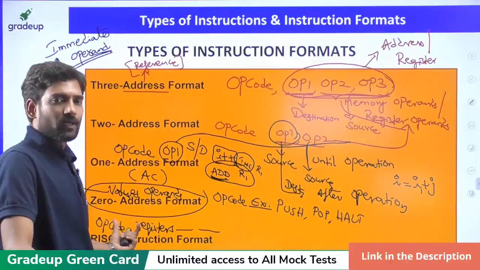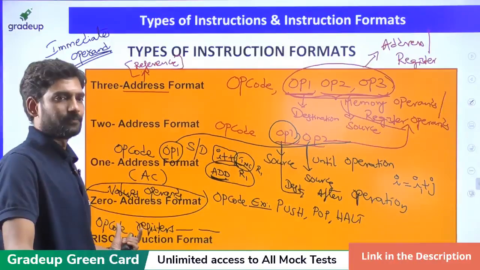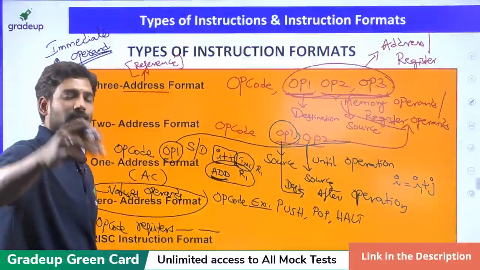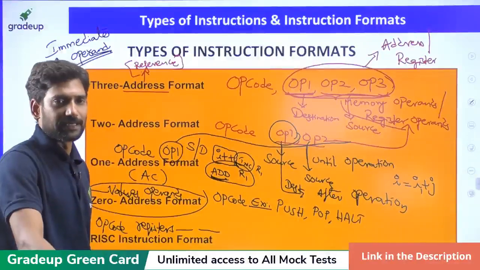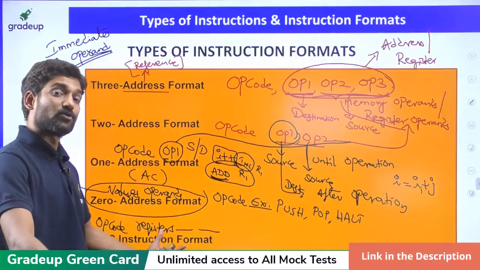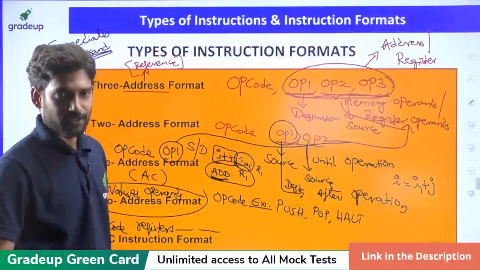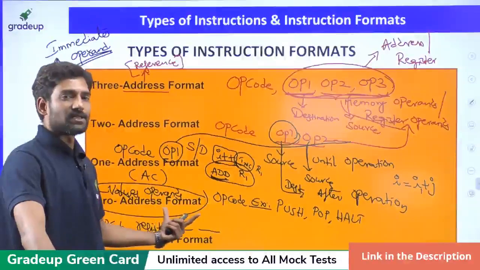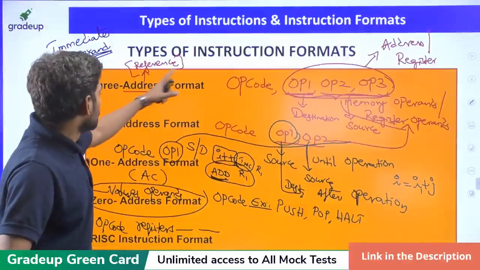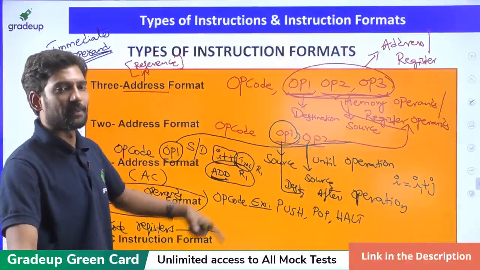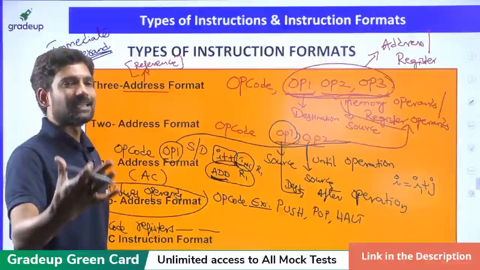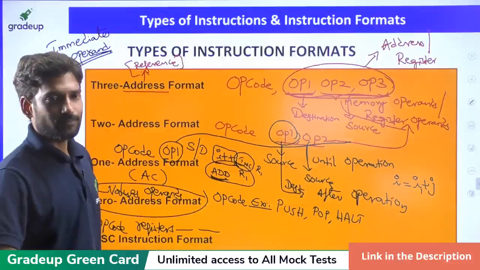So simply you can say RISC format supports only register operands. You can write this as a note if you have not written already. Zero address format supports only value operands. One to three address formats support either memory operands or register operands.